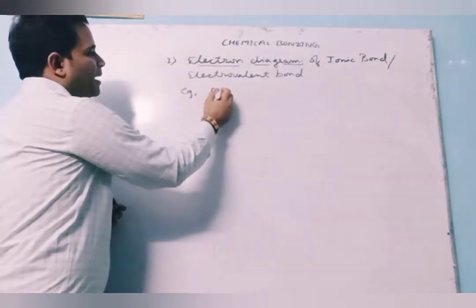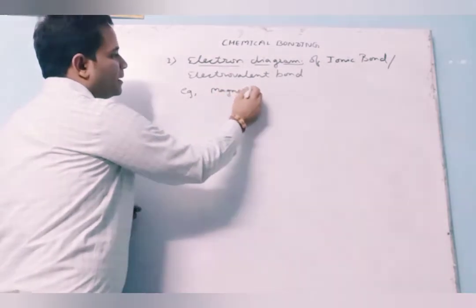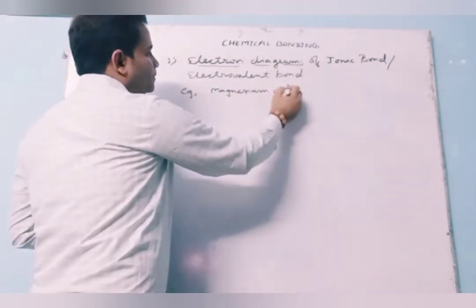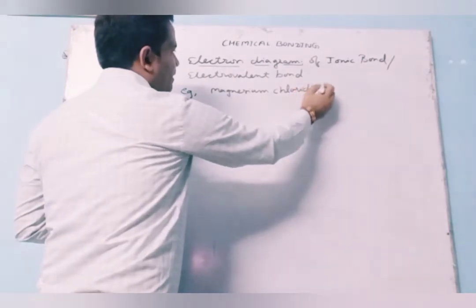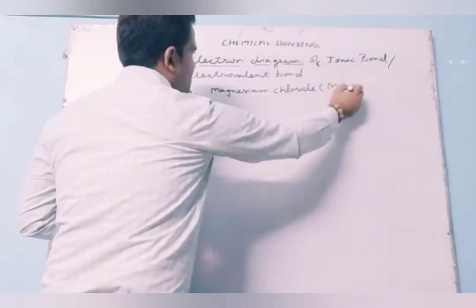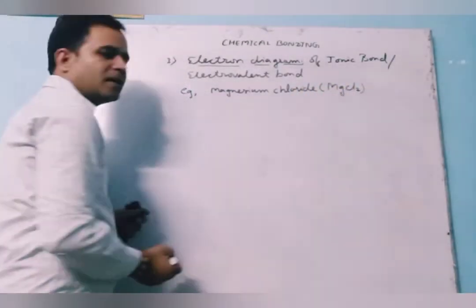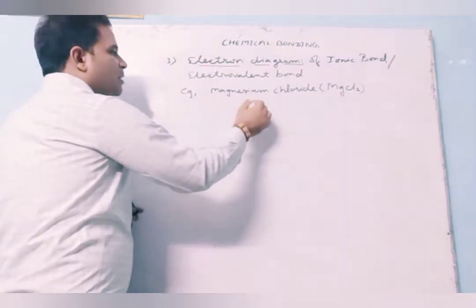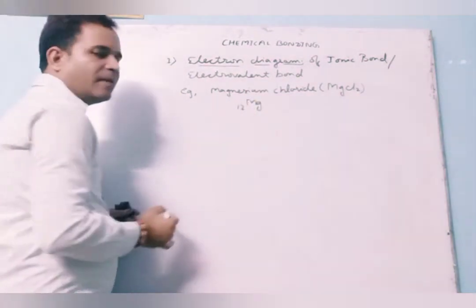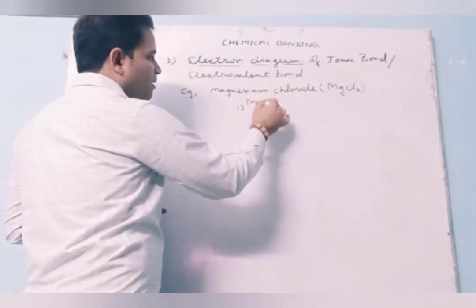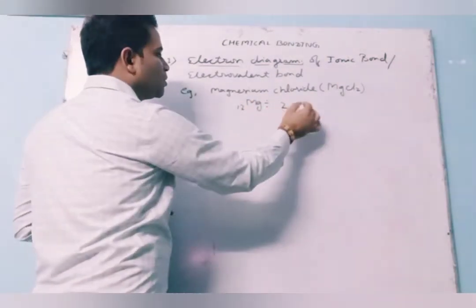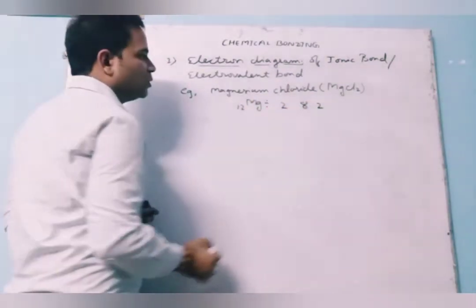Here magnesium chloride. The formula is MgCl2. So what we know, the atomic number of magnesium is how much? 12 here. So we first write the electronic configuration 2, 8, 2.